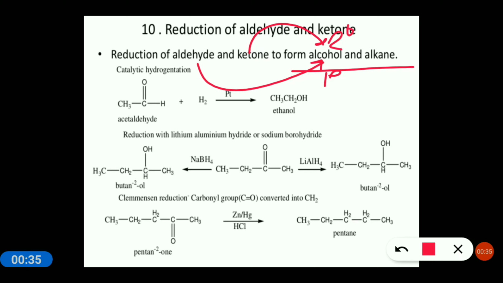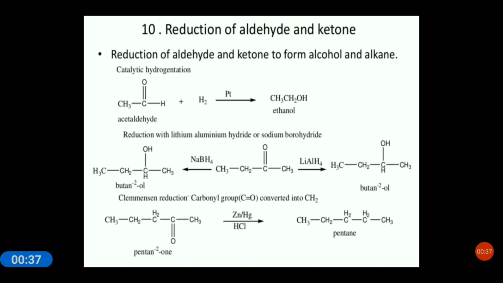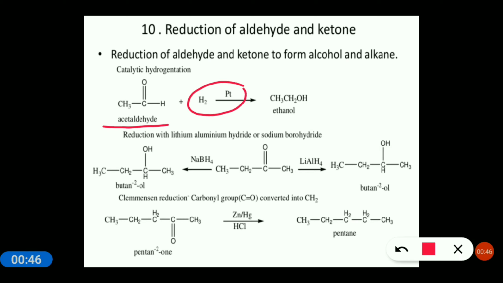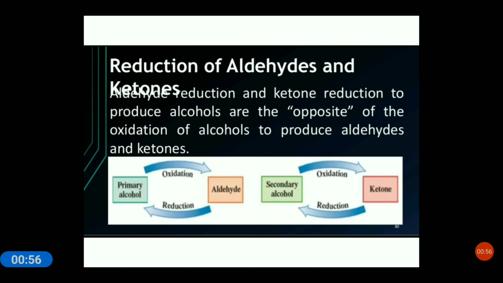When we talk about catalytic hydrogenation, aldehyde reacts with catalysts like platinum, palladium, nickel, and gives rise to 1 degree alcohol. A few reactions give alkanes, which we have already discussed.